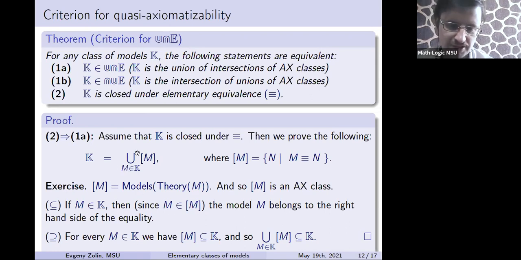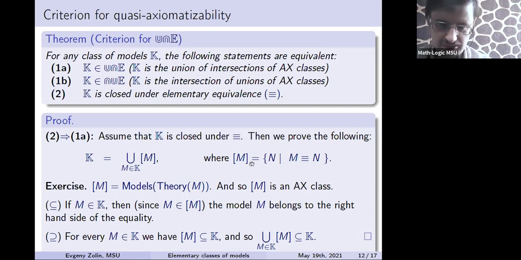But of course, in the proof of 2 implies 1B, we need to represent K as the intersection. Intersection of what? Try to think what we need to take. Or we can simply use the previous case. If K consists of whole equivalence classes, then of course the complement of K also consists of whole classes.